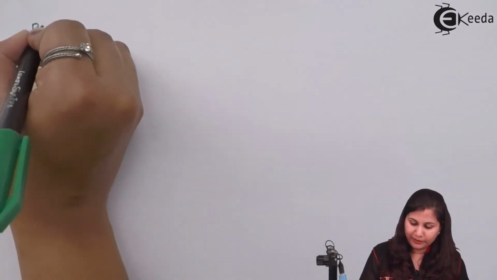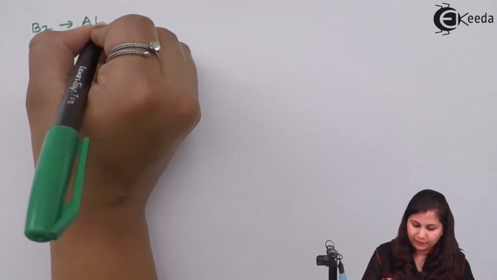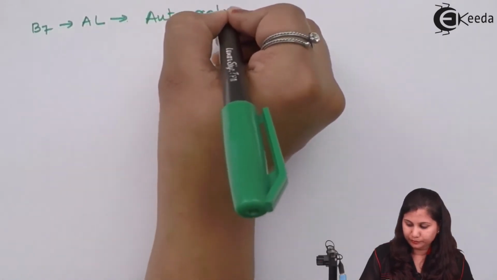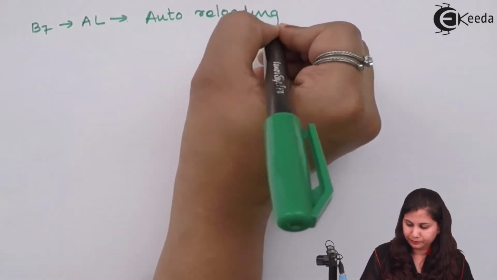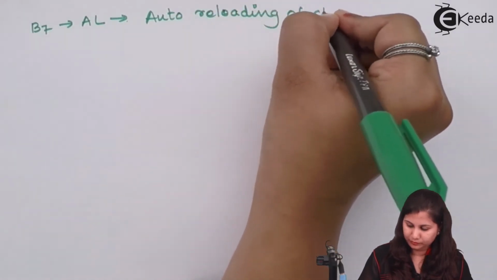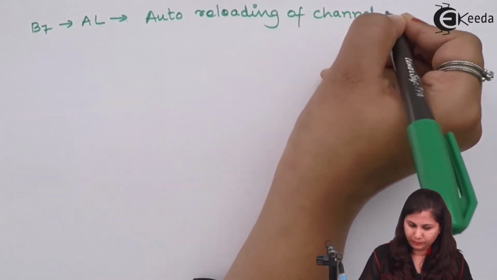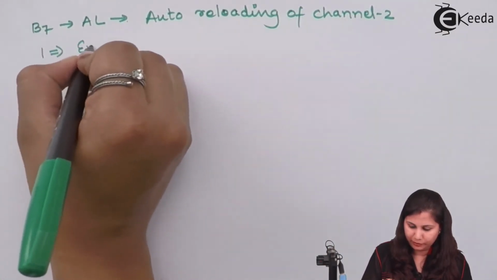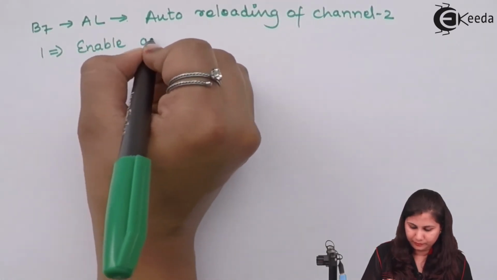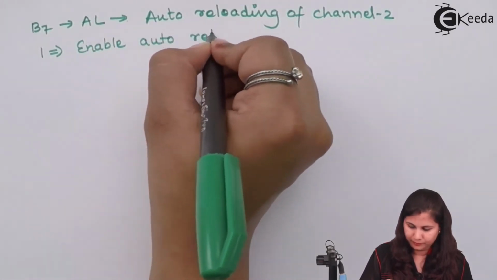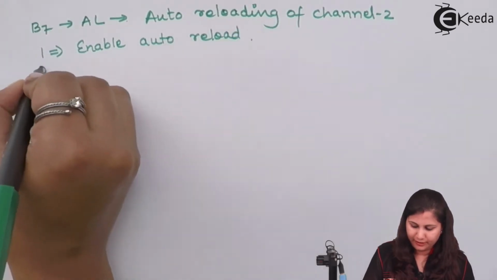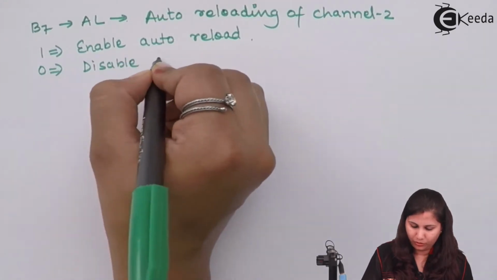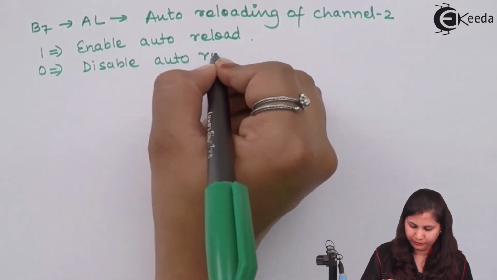We have bit 7 as AL, which is the auto reloading of channel 2. If this bit is 1, then it will enable the auto reload, and if it is 0, then it will disable the auto reload.